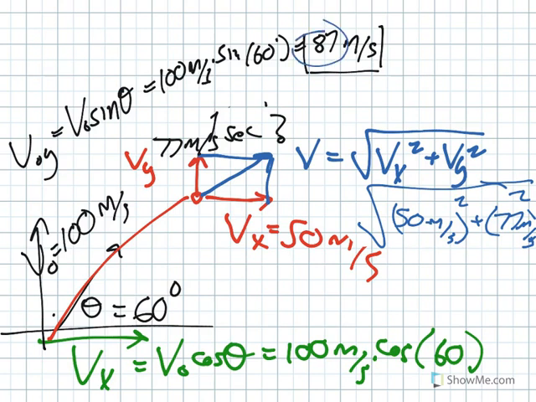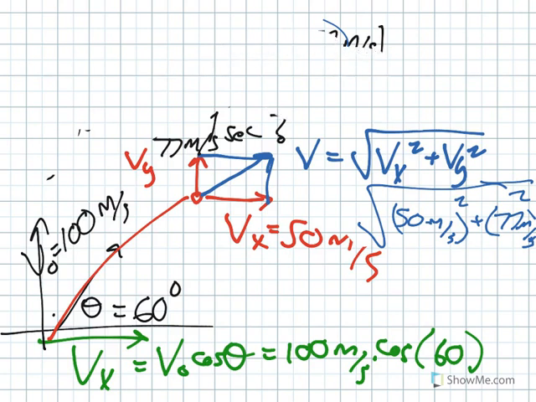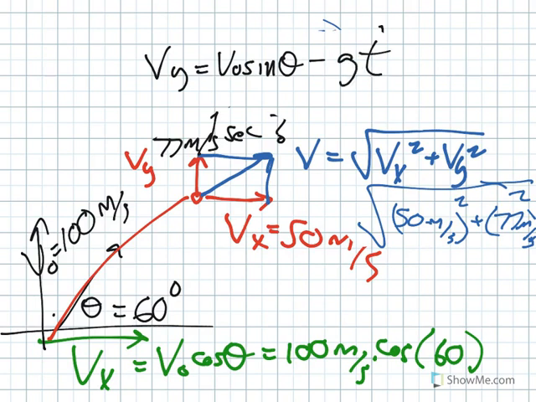The other way to get this vertical velocity after 1 second is as follows. Vy is equal to V naught sine theta minus g times t, which is exactly what we just did with words without writing down all these confusing equations. They can be confusing.